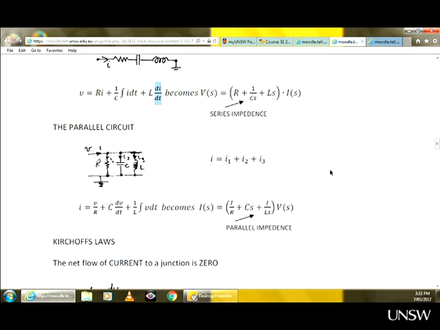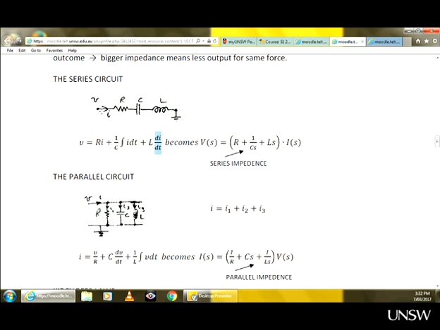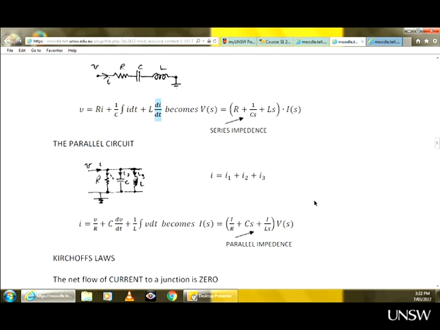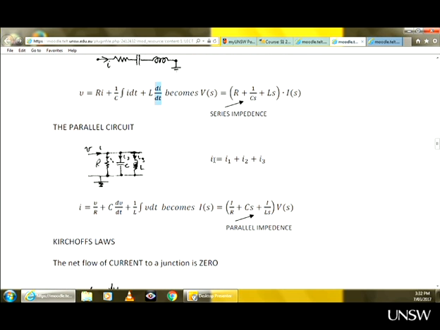So in the case of a series connection, you have a sum of voltages equal to the total voltage. In the case of a parallel circuit, you have a sum of currents. The sum of the currents through each of these components will be equal to I, the current here.